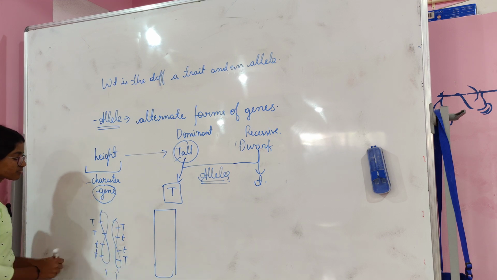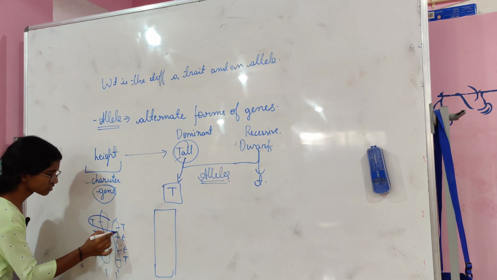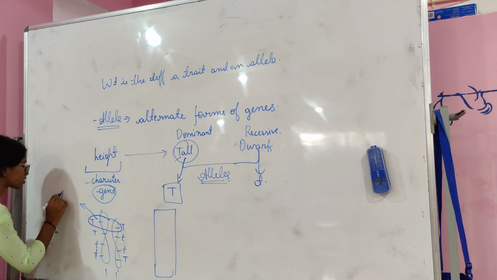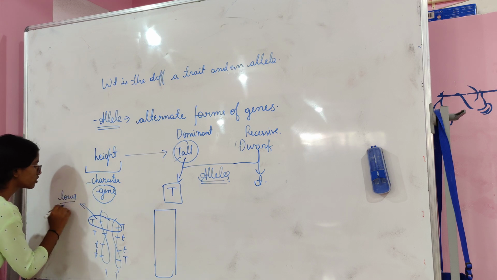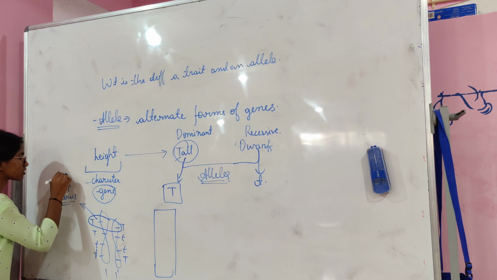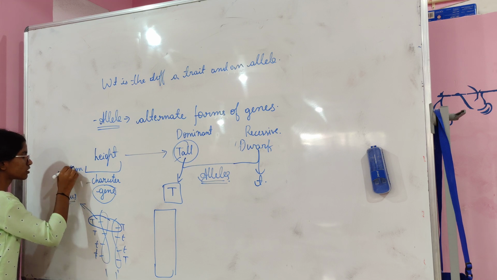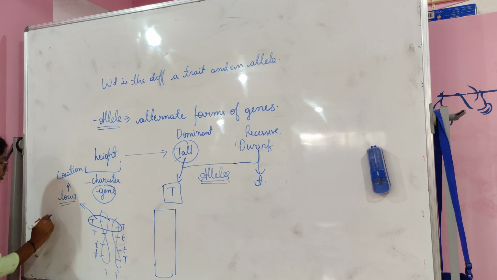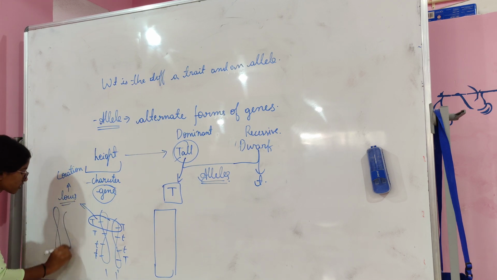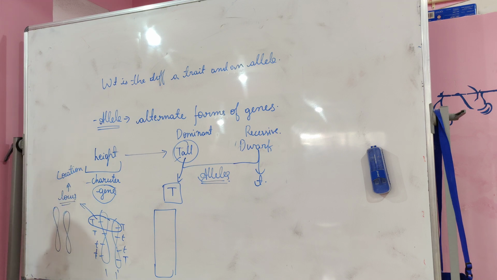Okay. And this place is called locus. Locus is nothing but location. Okay. So I told you yesterday that it must be of the same structure and height and all, right? So if this is the locus of eye color or height, take it as height.